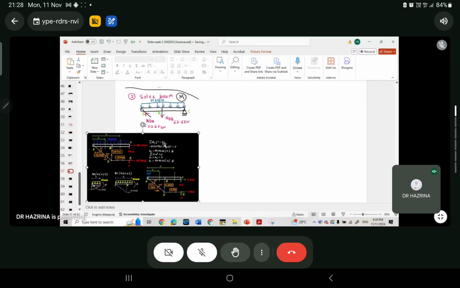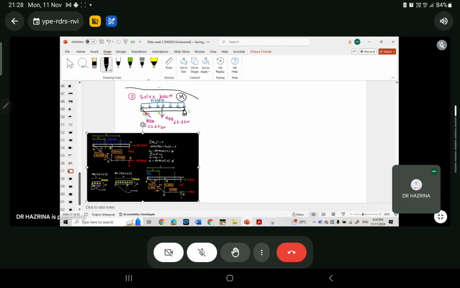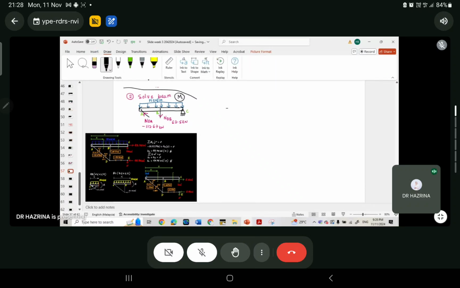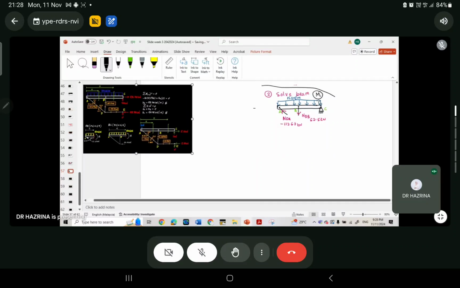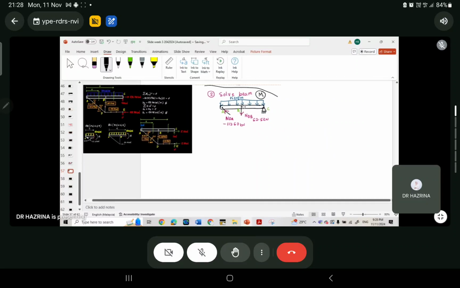Tapi I nak you fahamkan, jangan just tengok solution ni sahaja. So, maksudnya dekat sini, bila you calculate, alright. Salah. Okay. So, dalam case ni, bila you dah ada calculation ni, so you can start to do your sectional moment.